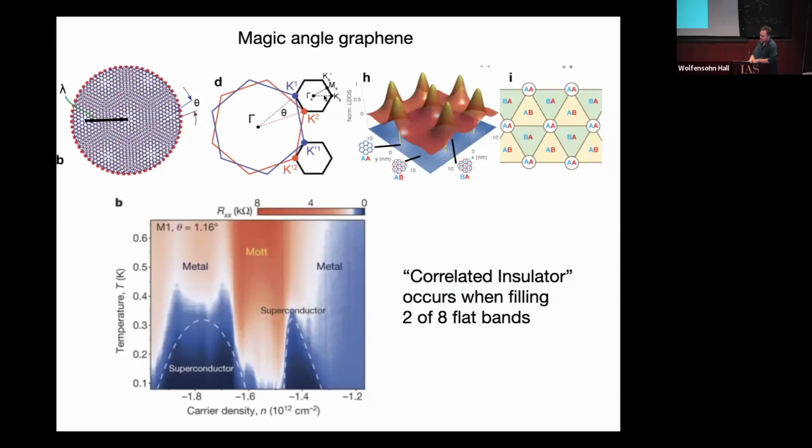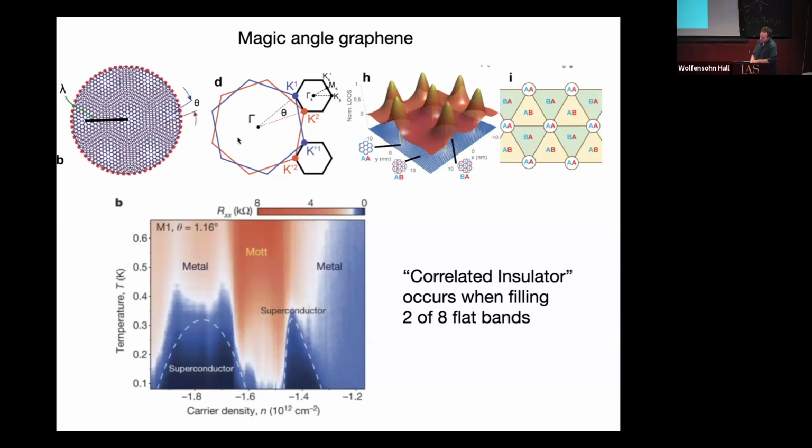And because the moiré potential is long wavelength, it doesn't cause scattering from K to K prime. So we still approximately have a U(1) valley symmetry of separate conservation of electrons at K and K prime. In almost all the models people study of magic angle graphene, you also have this U(1) valley symmetry, which people take seriously.